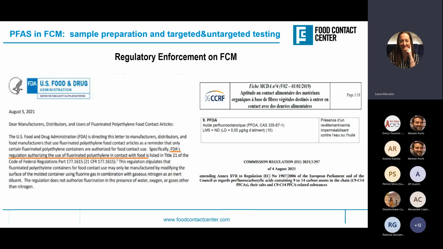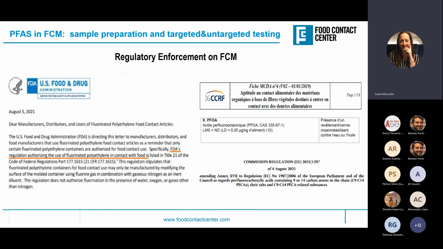About regulatory enforcement on food contact materials, currently from the FDA we have some indication of specific use. So in the USA we can use some fluorinated compounds, but only some specific compounds. And the situation is different considering the different states in the USA, because locally there are a lot of decisions to totally ban PFAS from the market.